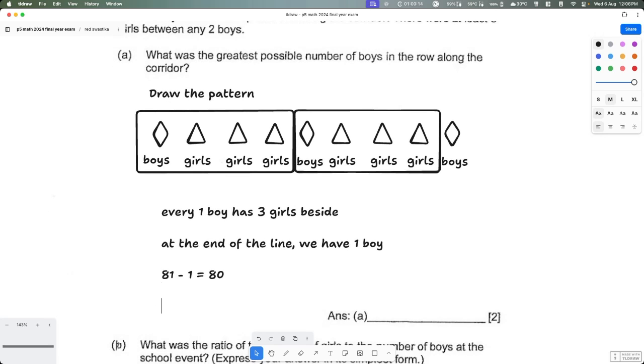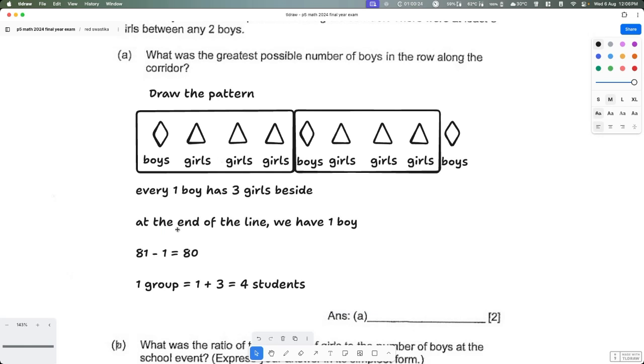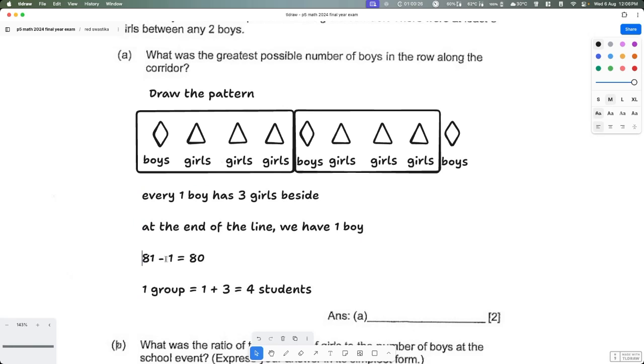Then after that, one group is equal to 1 plus 3, which is 4 students. So total students in one group is 4.